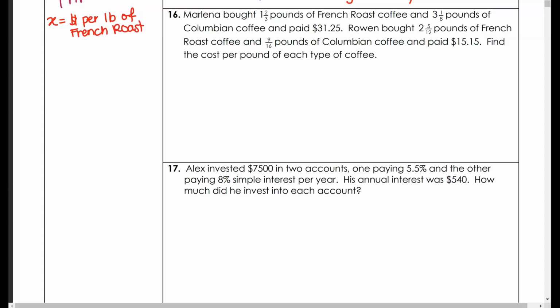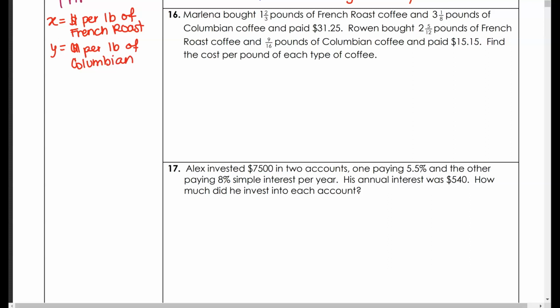And then Y is going to be the amount of money per pound of Colombian. Okay, so those are X and Y.